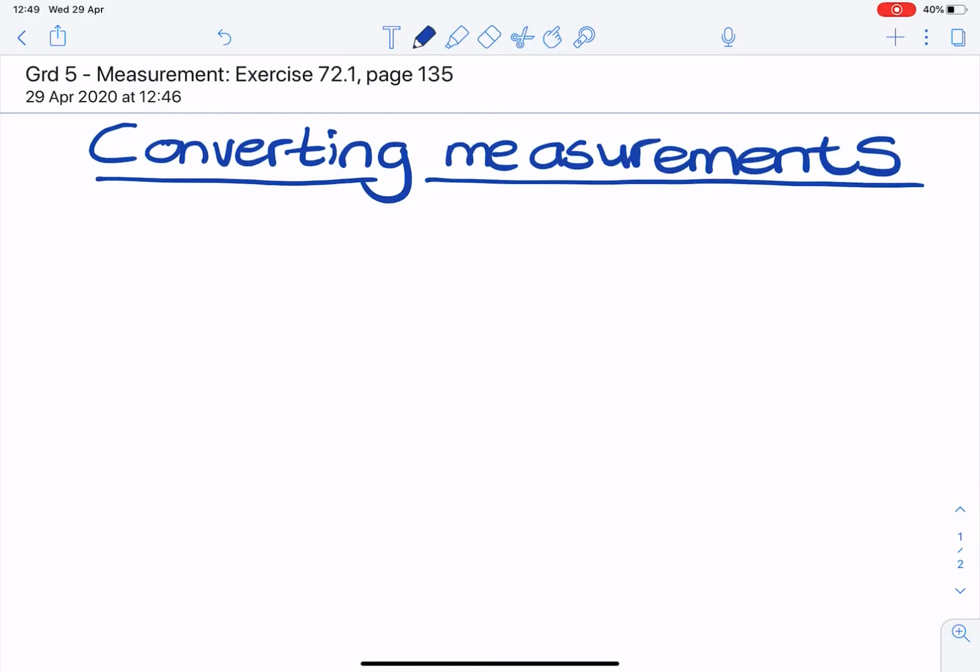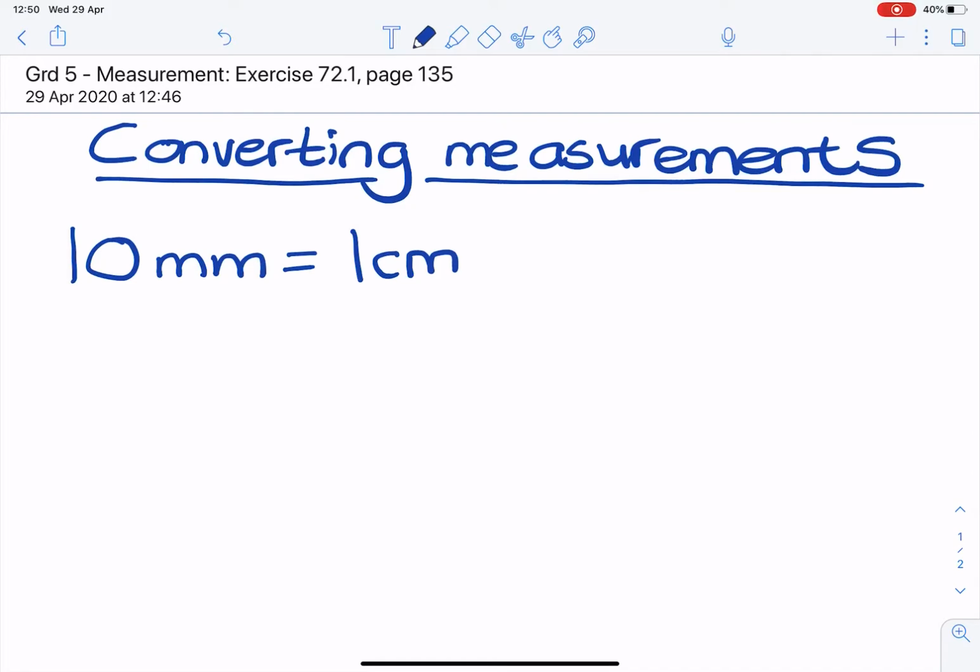And you may need to keep looking back at the examples while you are working to remind yourself of what to do. Before we start, we need to look at our clues, and they are at the top of page 135. We don't need all the clues for today. We just need these clues. 10 millimeters equals 1 centimeter. Remember yesterday when we looked at our rulers, 10 of the tiny spaces fit into 1 centimeter, and 1 centimeter is as fat as your finger.